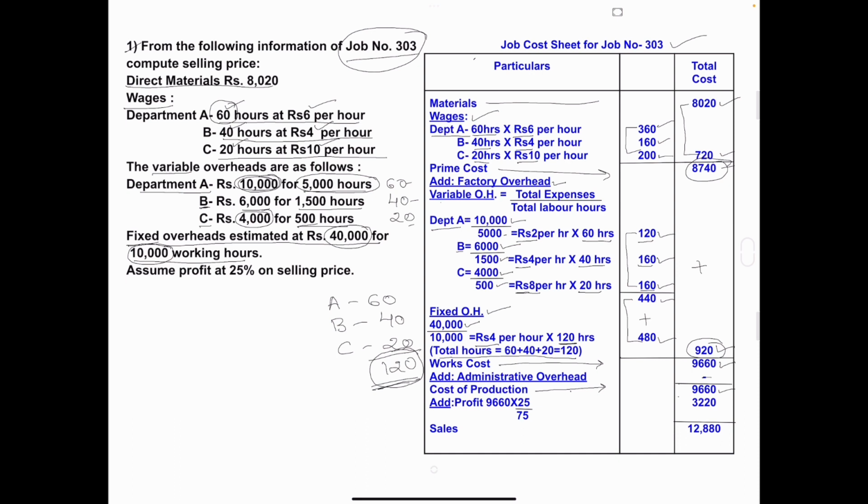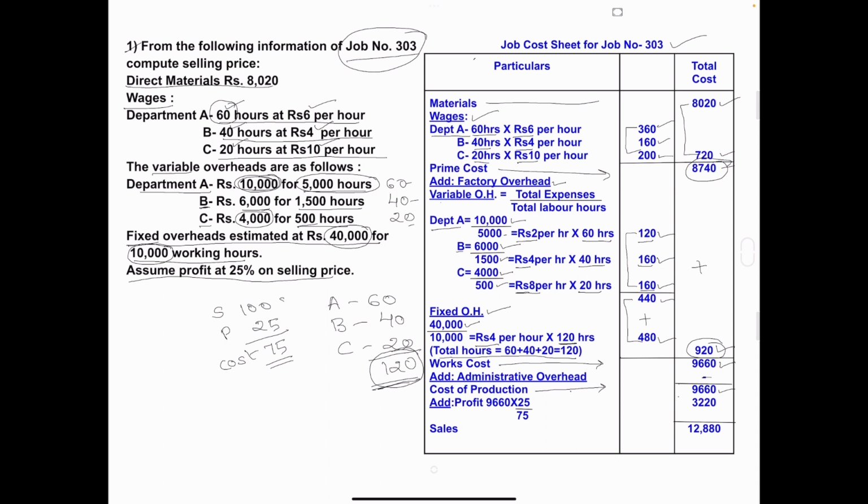Add profit. So in this problem, they have given information related to profit. That is, assume profit at 25% on selling price. Means if the selling amount is 100, then profit is 25. From 100 minus 25, 75 is the cost.